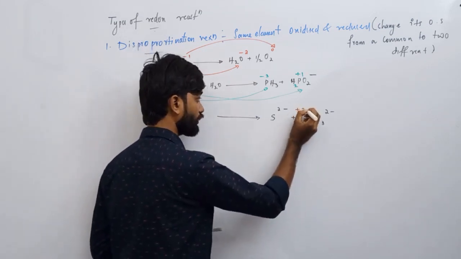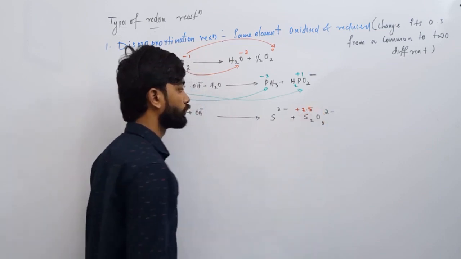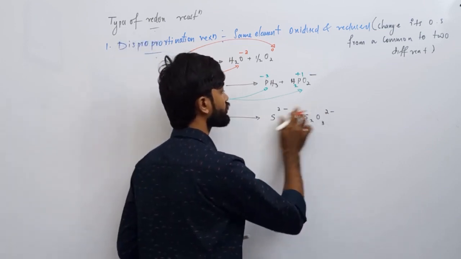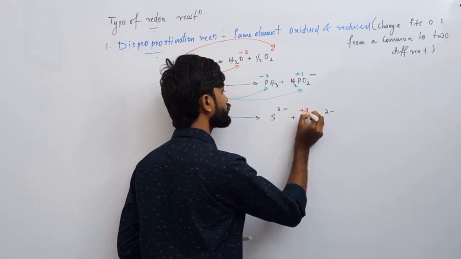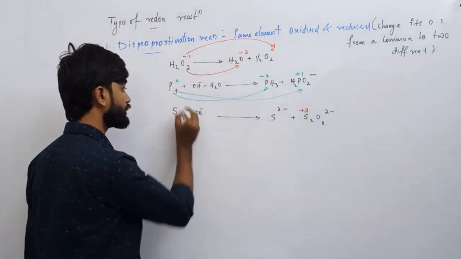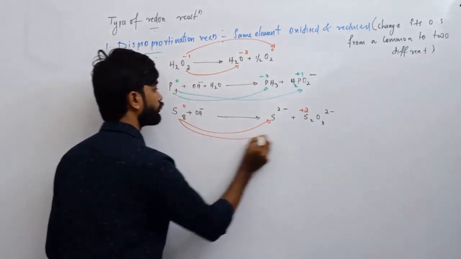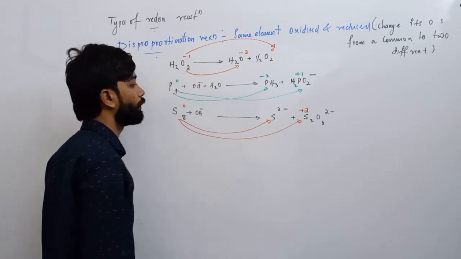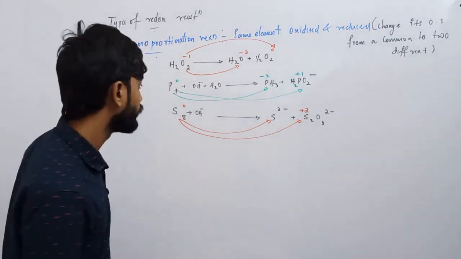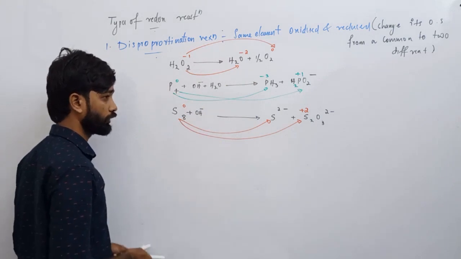We discussed the thiosulfate ion in the exceptional oxidation state. In thiosulfate, each sulfur is in +2. Actually, it is +4 and 0, but simply it is in +2. So this is 0 to -2, 0 to +2. Oxidized and reduced. From a common oxidation state, it becomes two different oxidation states.